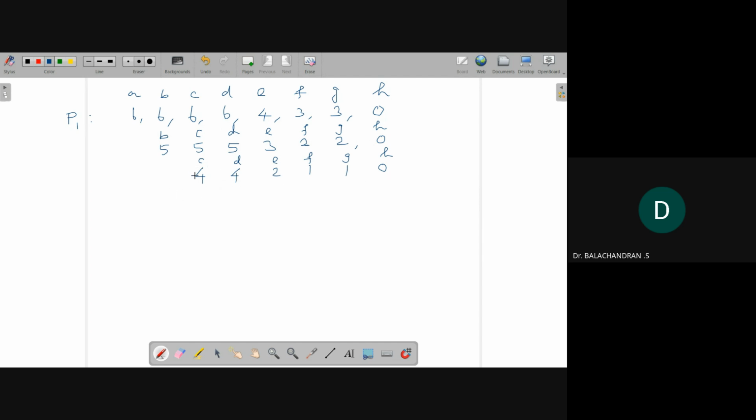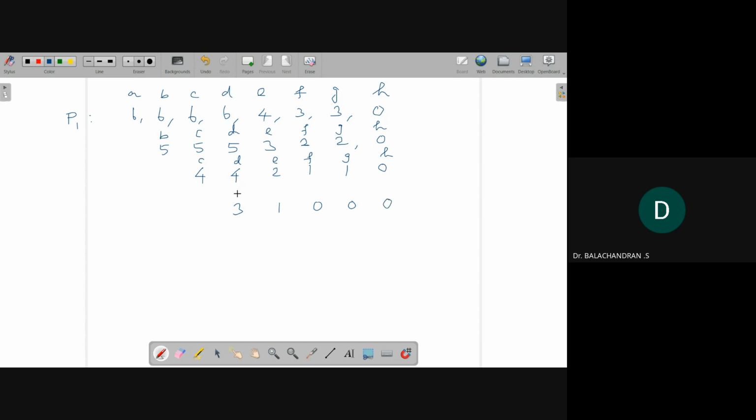I'll take this 4: 1, 2, 3, 4. So here we get 3, 1, 0, 0. I subtracted 1 from each of the first 4 numbers, and finally keep 0.